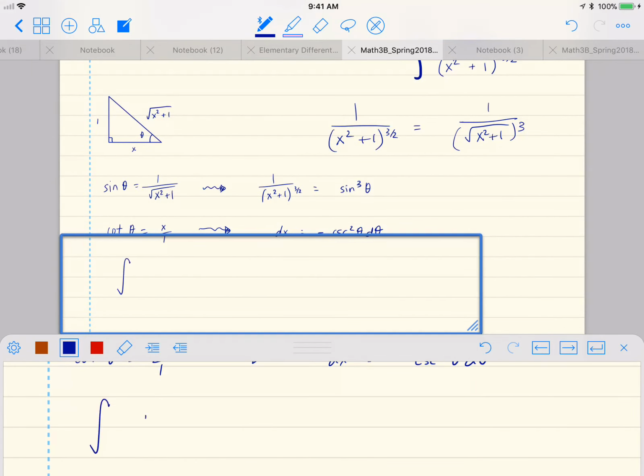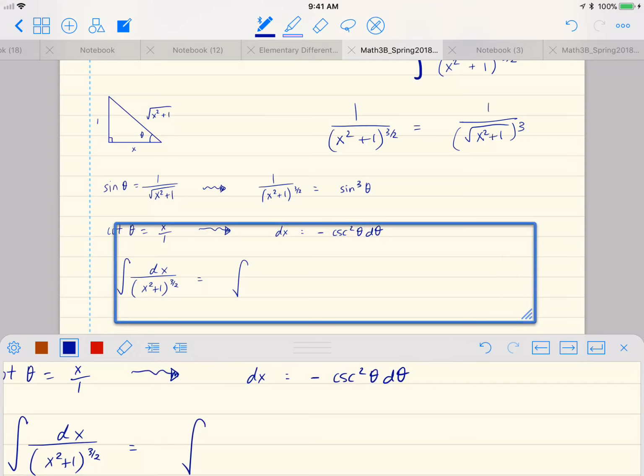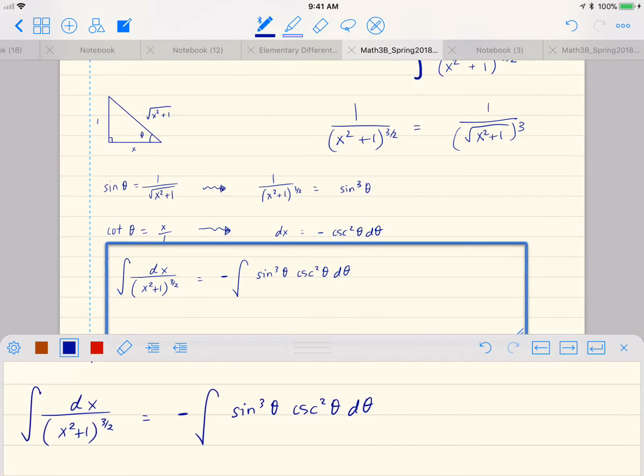So I've got dx over x squared plus 1 to the 3/2 is equal to the integral of negative sine cubed theta cosecant squared theta d theta. Okay.